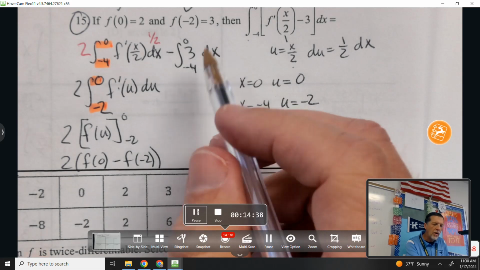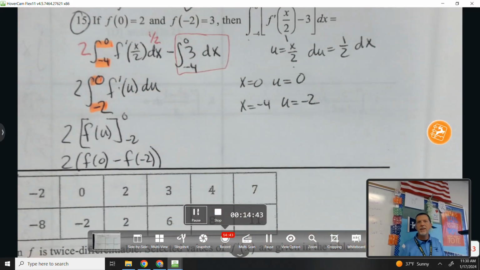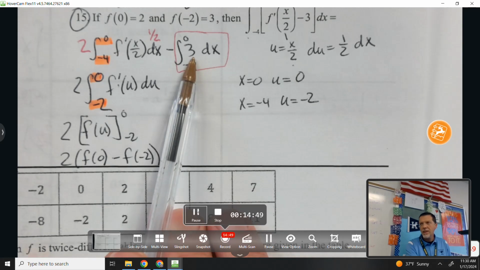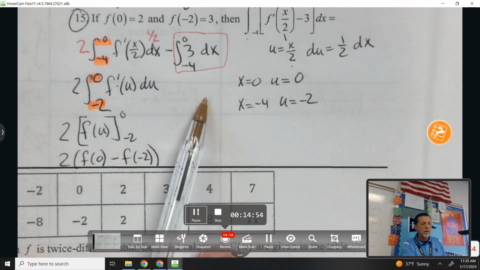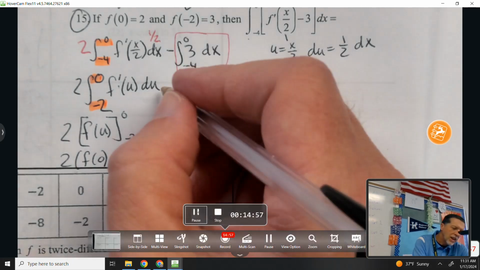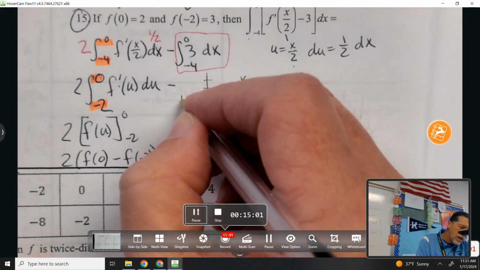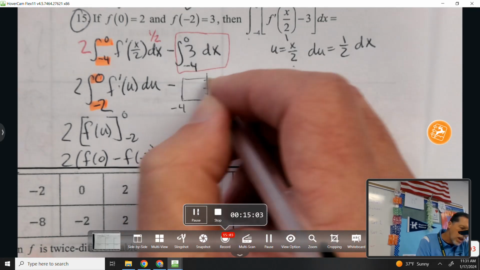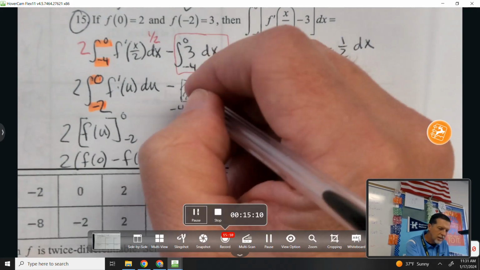Now, how about this part? There are 2 ways to do that. I could take the antiderivative of 3, which would be 3x, and then plug in top minus plug in bottom. Or I could think about what this means on a picture: the area under 3 from -4 to 0 is 12.